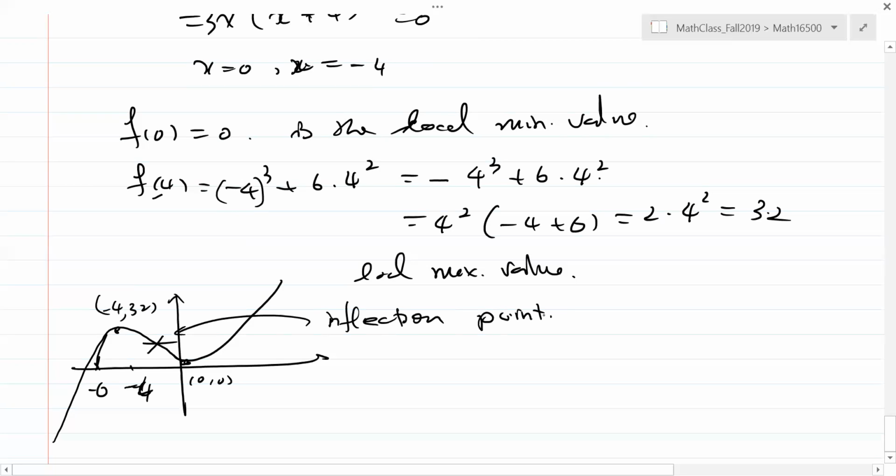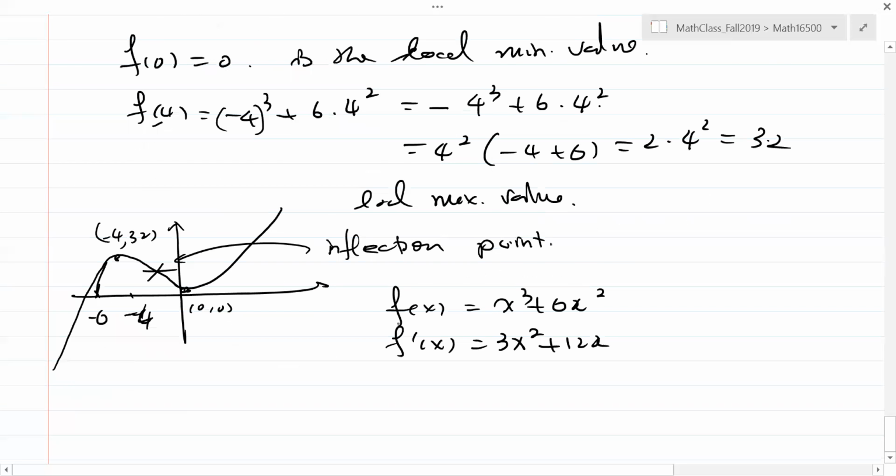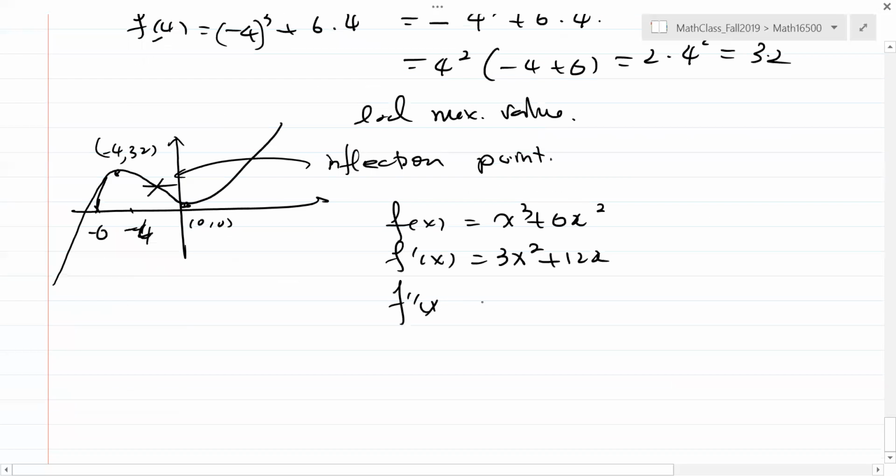We have to differentiate the function again. So set this to be 0, x equals -2.